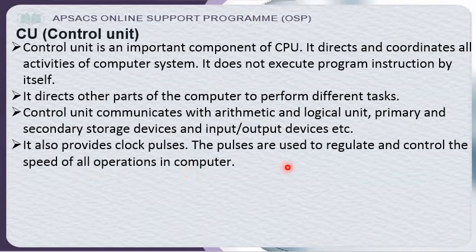That is, how much data will come to the processor for execution, and how much data will move to the RAM at the same time when the data is processing. So it will tell it to move this data inside a secondary storage device or primary storage device. So the pulses are used to regulate and control the speed of the operations in the computer.